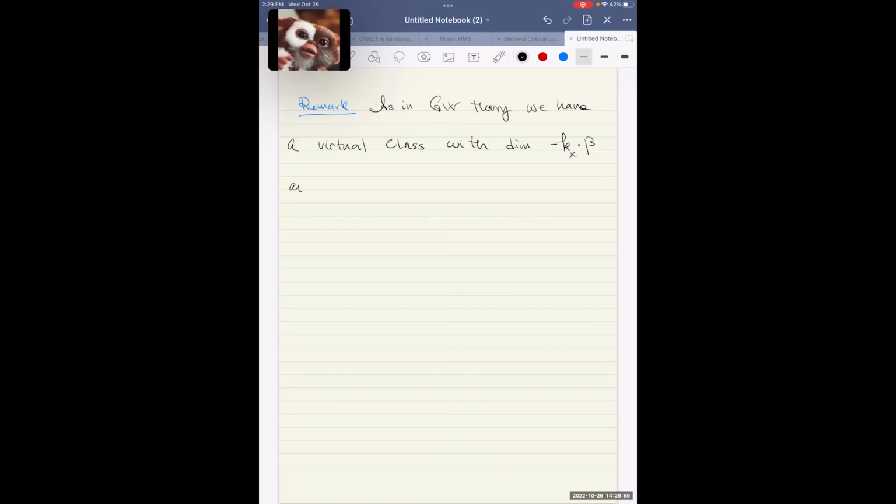And in Gromov-Witten theory, we saw that the virtual dimension was also minus K_X times beta, independent of the number of marked points.